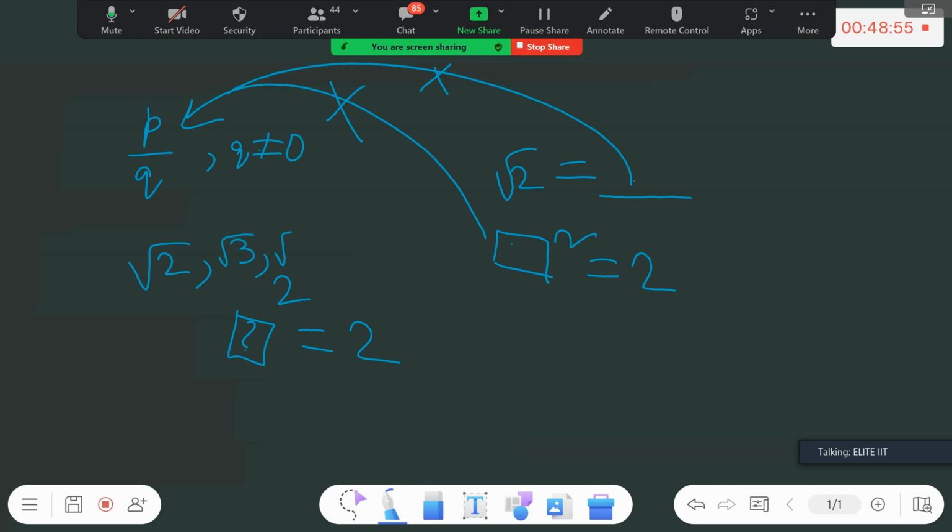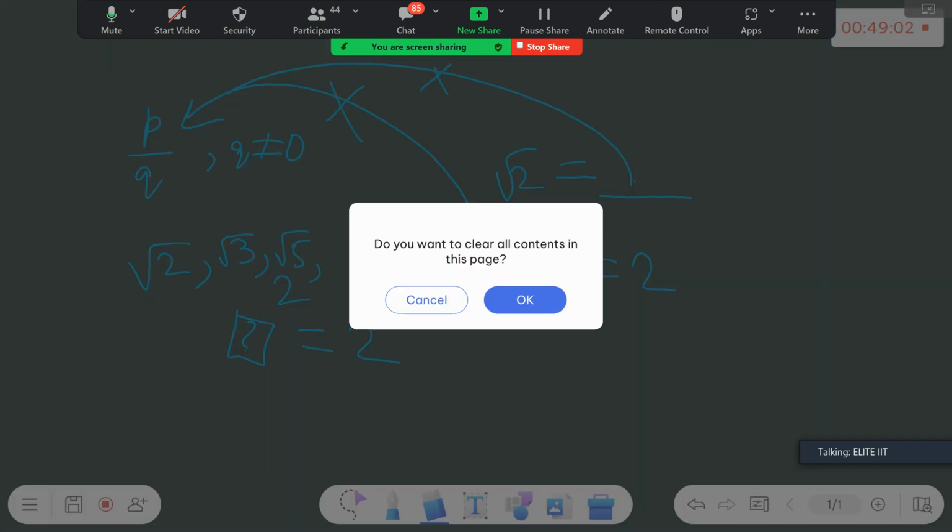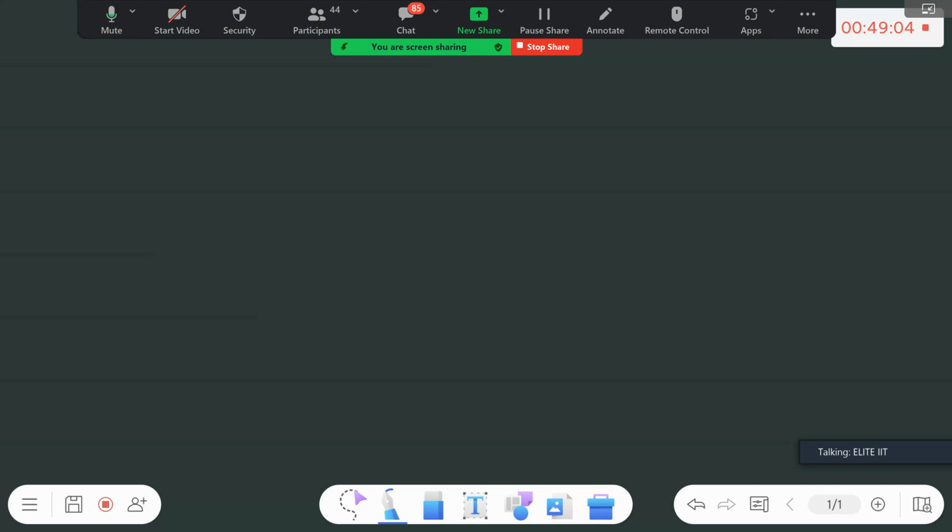Likewise, root 3 is irrational. Root 5 is irrational. Now, 0.5, can I write it 5 by 10? Now, after cancellation, can I write it 1 by 2? See? P by Q form.